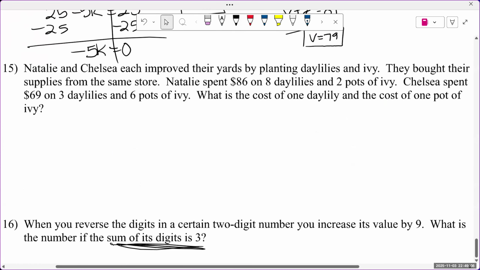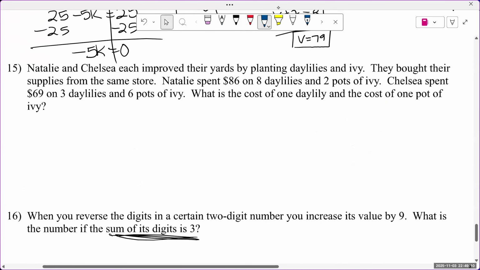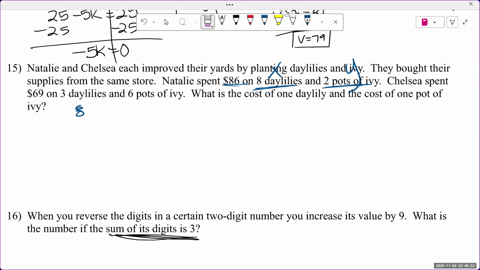Word problems. 8 daylilies and 2 pots of ivy give you $86. So daylilies, we're going to say is X, pots of ivy is Y. So we're going to say 8X plus 2Y equals $86.